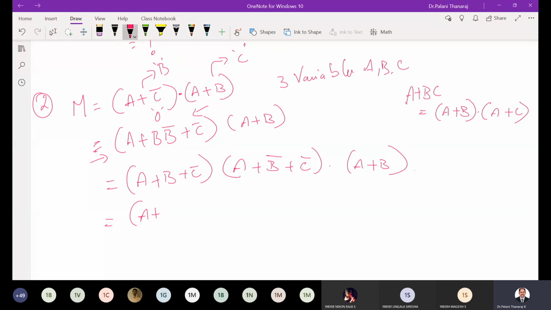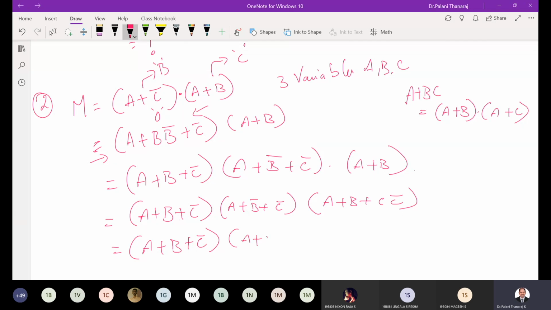I have to keep a proper order, because otherwise we'll assign wrong numbers, and I don't want that to happen. So A plus B plus C bar, A plus B bar plus C bar, and the remaining term I can write as A plus B plus C bar, then A plus B bar plus C bar, then A plus B plus C, then A plus B plus C bar.